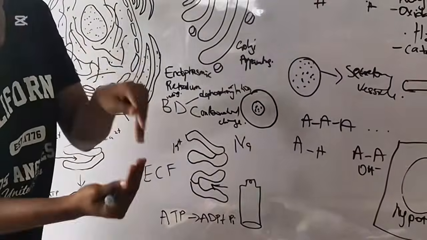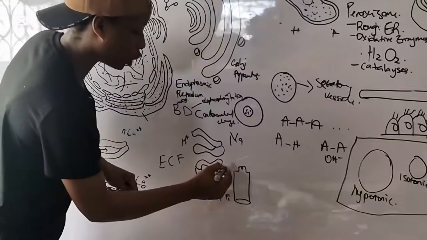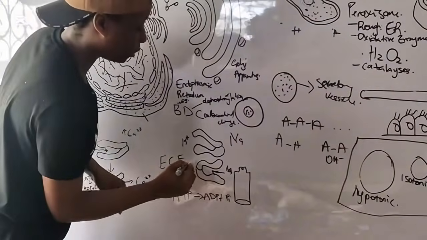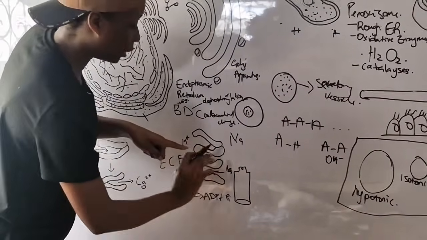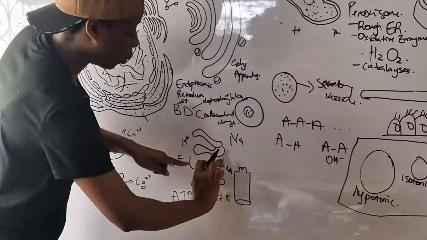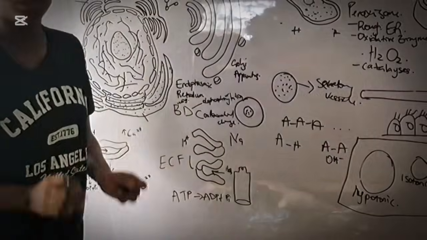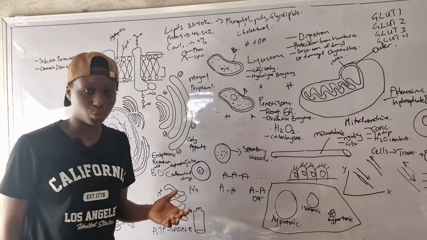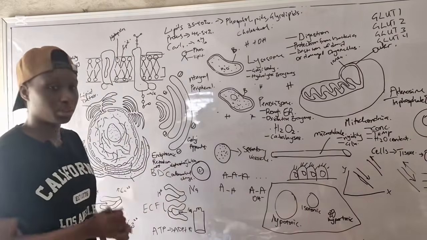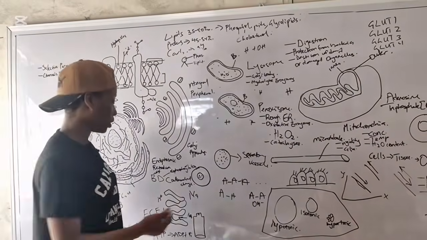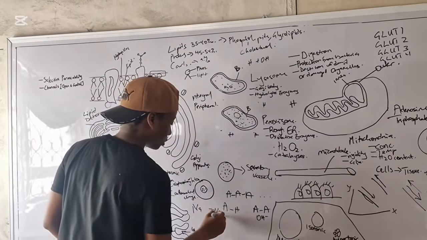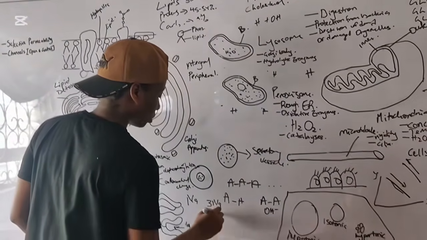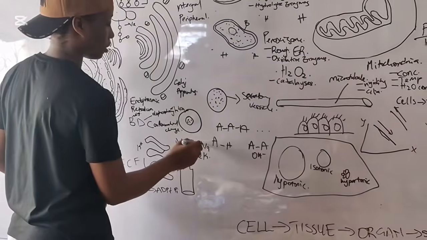After the sodium goes in, the door will return back to its normal state. That just explained how primary active transport works, using the sodium potassium ATPase pump as an example. So 3 sodium molecules in, 2 potassium molecules out.